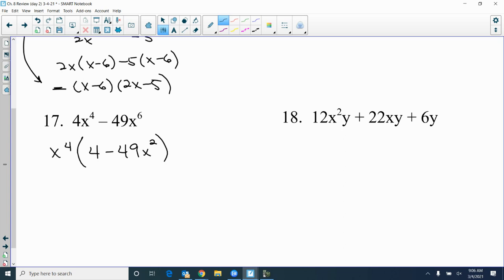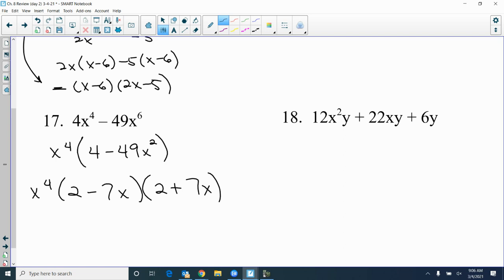So what squared gives you 4? 2 and 2. What squared, what can I multiply together? Jordan? And don't forget the x. So it's going to be 2 minus 7x and 2 plus 7x. That x to the fourth has to go on the outside. That x to the fourth still stays there.